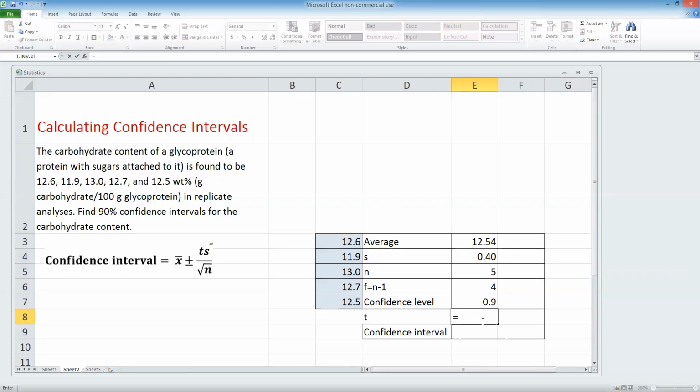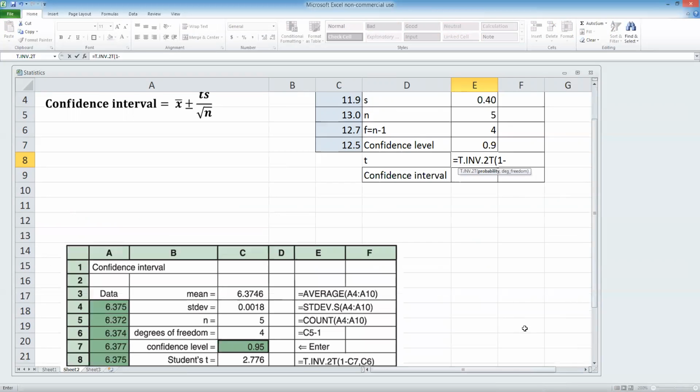The student t will be the T.INV.2T function, and then you find the probability, that will be 1 minus the confidence level, and comma, degrees of freedom is 4.